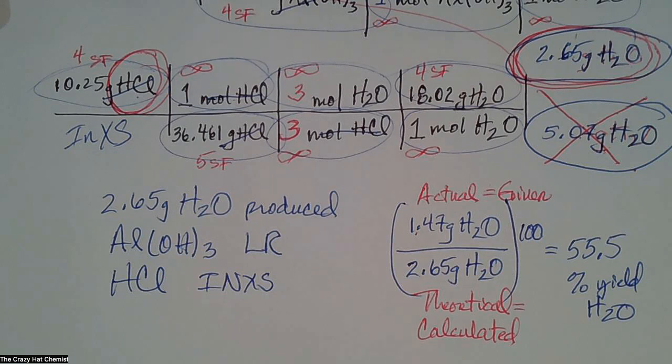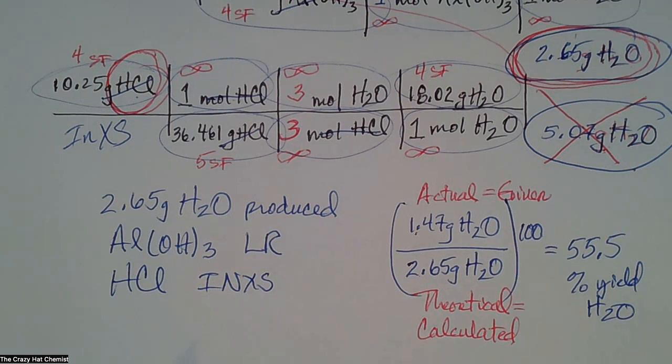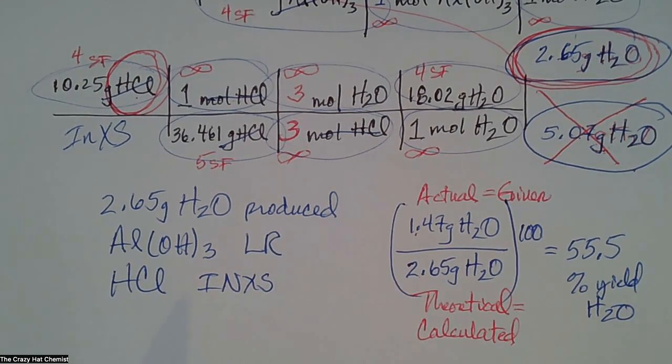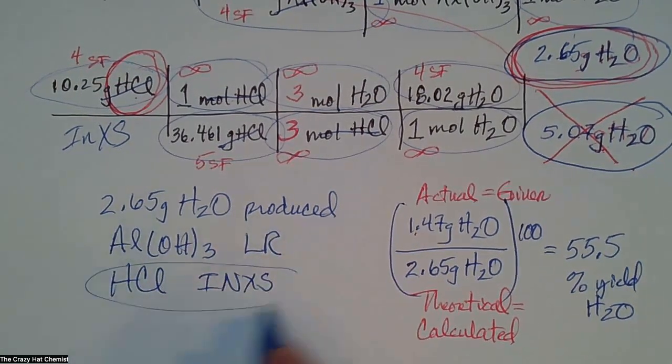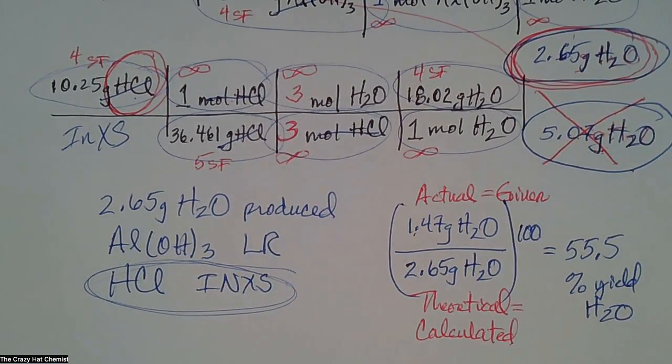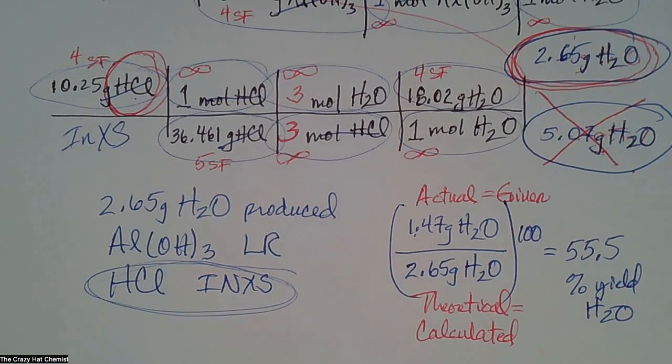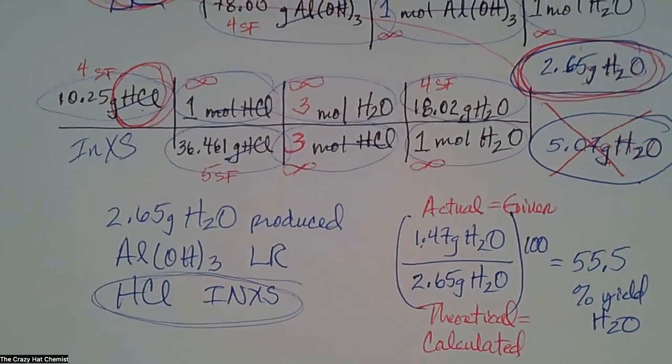Okay, we got one more thing here to do on this problem, and then we're going to rock and roll here and say, check, done. All right, so the last thing that we're going to do is find out how much unreacted reactant remains. And that's the one that's in excess. So I want to figure out of the one that's in excess, the hydrochloric acid, how much of it remains unreacted.